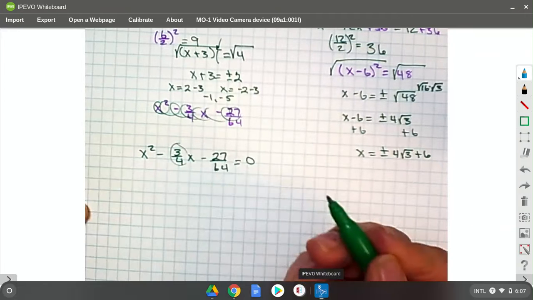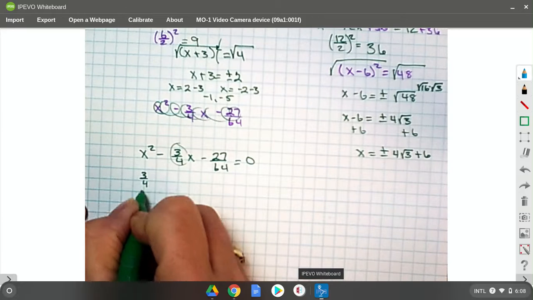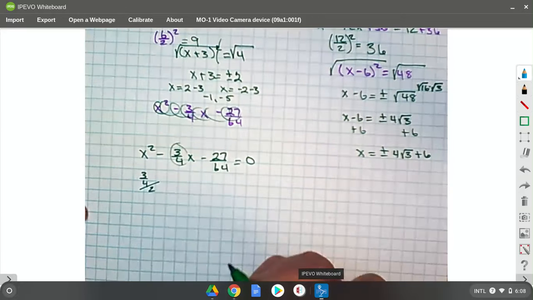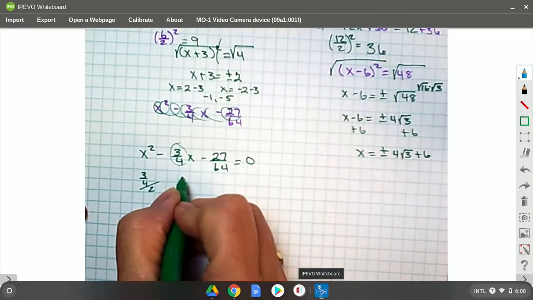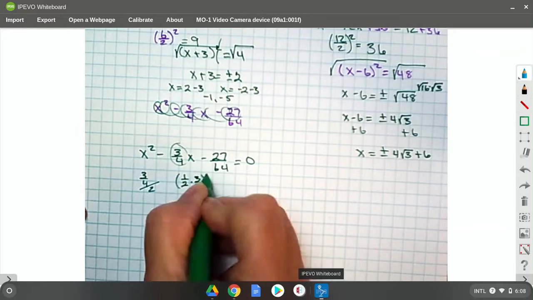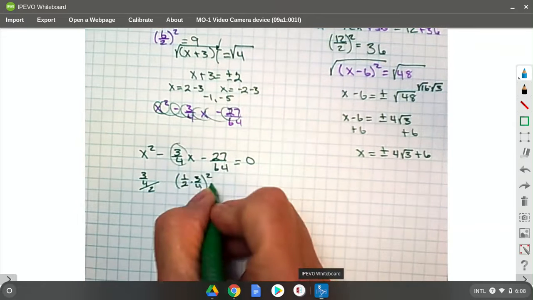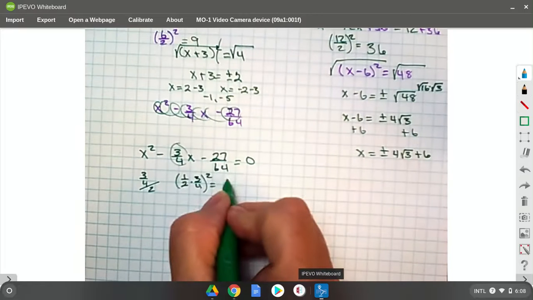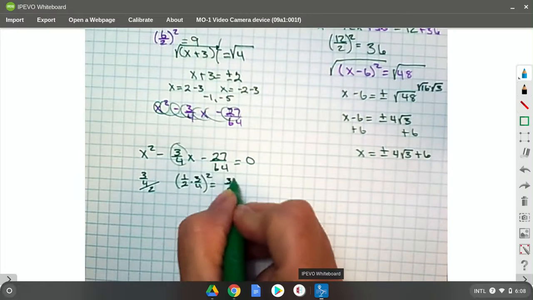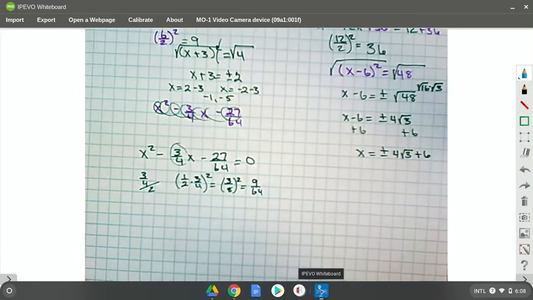Still the same thing though. There's my b. So I have to divide 3/4 by 2. An easier way of doing that is to multiply by 1/2, and square it. So that gives me 3/8 squared, which is 9/64, right?